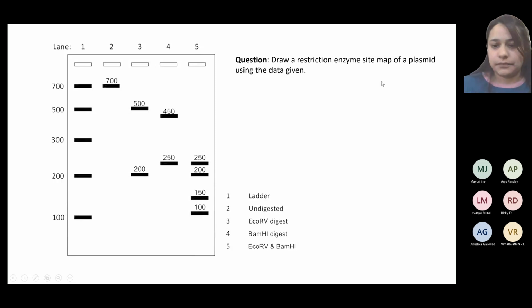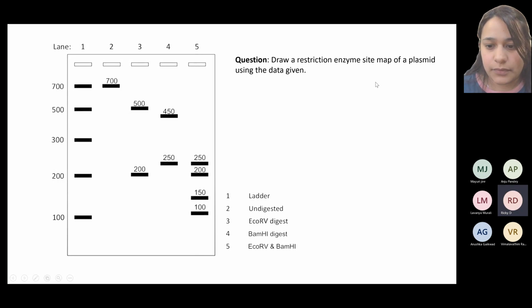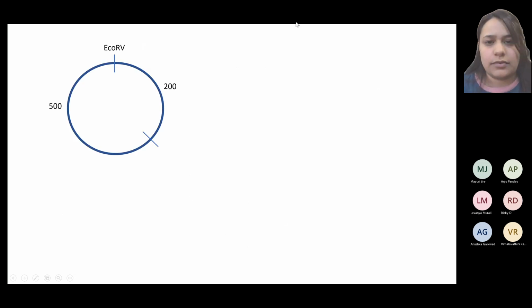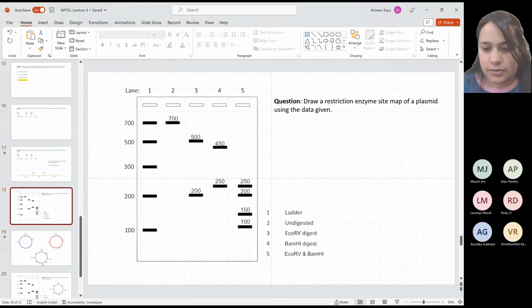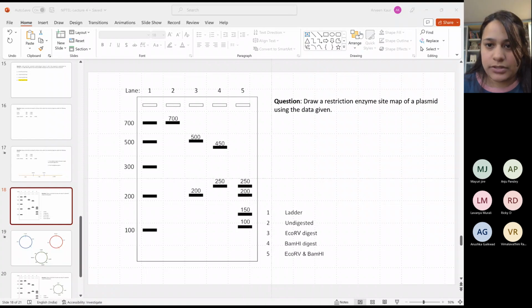Now is it visible? No, everything is dark. I will probably stop sharing and I'll rejoin. Maybe when I rejoin, that was the issue.